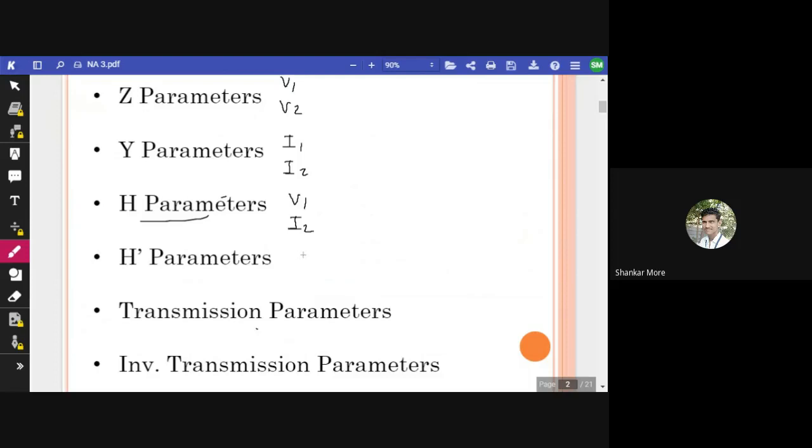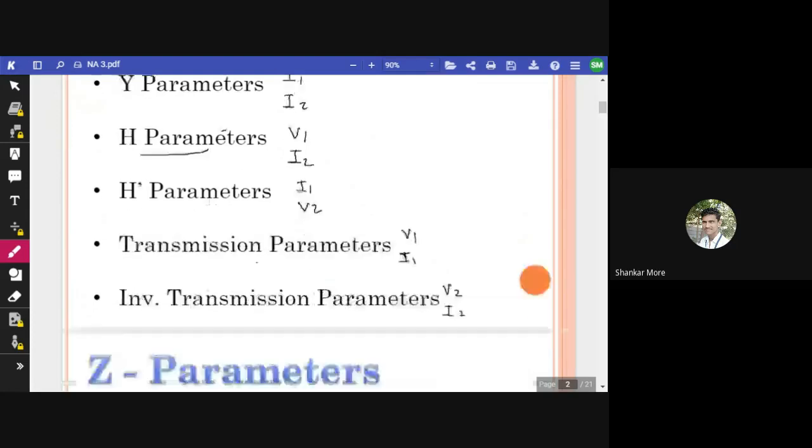Again it will be I1 V2 for H inverse parameters, and for transmission parameters we will have V1 I1, and for inverse transmission parameters we will have V2 I2. So these are the left hand sides of the equation. Right hand sides will change accordingly. Okay, so this is just a trick I am telling you to remember. V1 V2, I1 I2, V1 I2, I1 V2, V1 I1, V2 I2. This is how we remember.